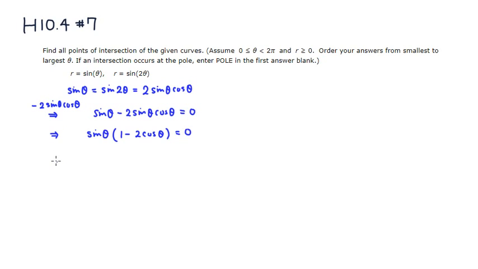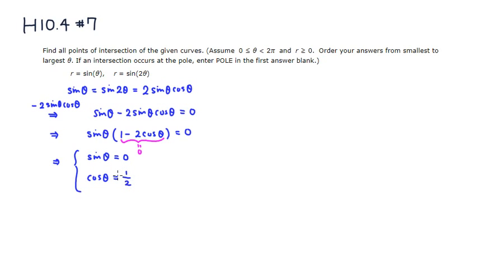So there are a couple of possibilities: either sine of theta equals 0, or this other factor equals 0. So cosine has to be 1/2, so cosine of theta is equal to 1/2.